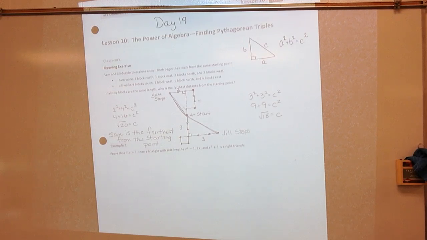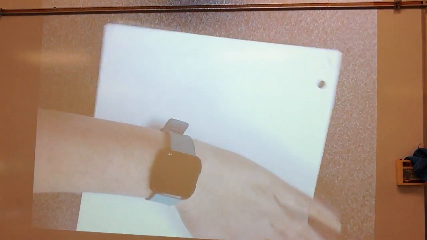Okay, so flip your paper over, because we need to talk about, you guys did this a lot last year in geometry, but we need to state the Pythagorean theorem, and then we need to talk about the converse of the Pythagorean theorem.